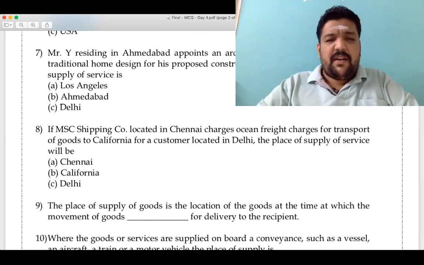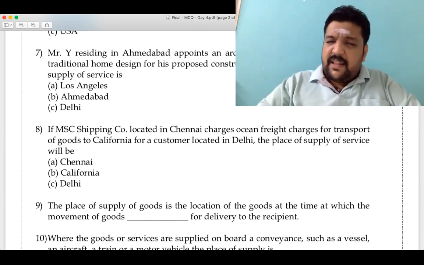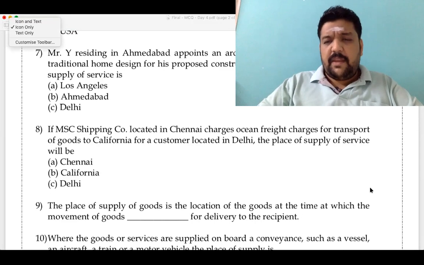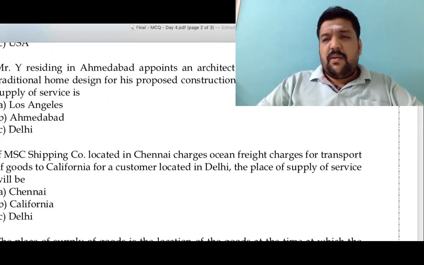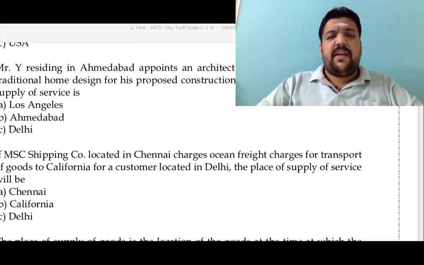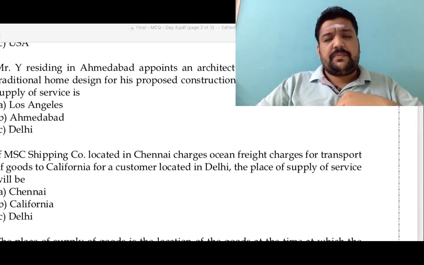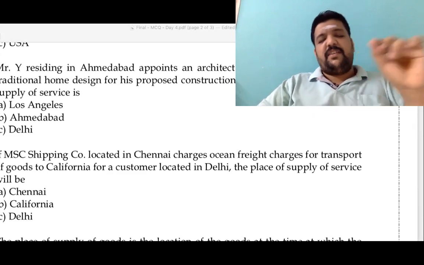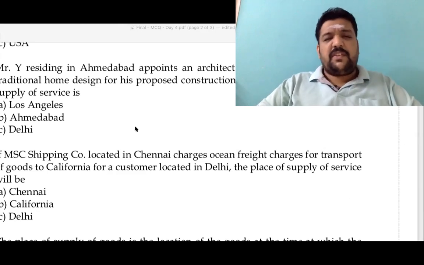See, mark my word, this would be there in the presentation also, but it would be at the fag end of the presentation. Let me repeat it. This we have discussed, this is there in the presentation, I know, but it would be at the fag end of the presentation. As a last line, it will be: in case immovable property is located outside India, the location of recipient will become the place of supply.